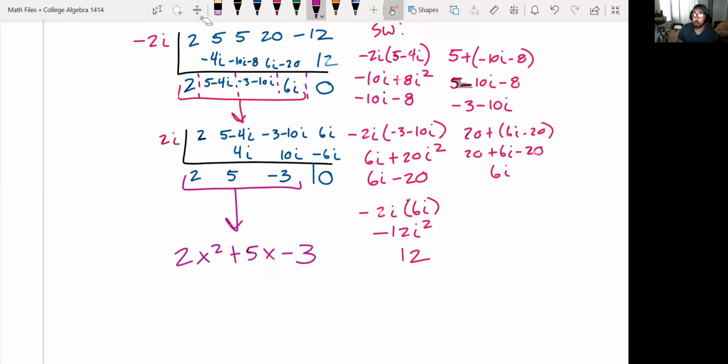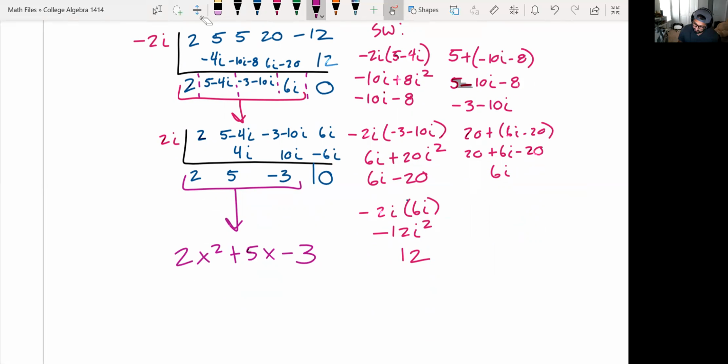And now, hopefully, this factors. If it doesn't, we got some more work to do. But since they already gave us 2 complicated zeros, this should always factor.